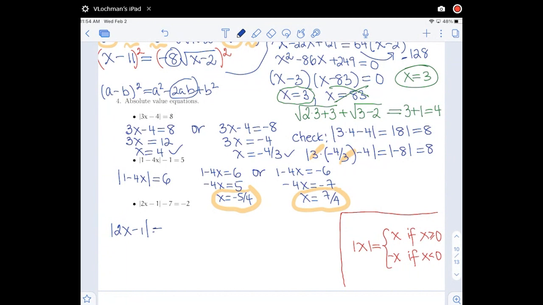Negative 2 plus 7, that's positive 5. So we say 2x minus 1 is equal to 5, or 2x minus 1 is equal to negative 5. So 2x is equal to 6, from here x is equal to 3, or 2x is equal to negative 4, so x is equal to negative 2.